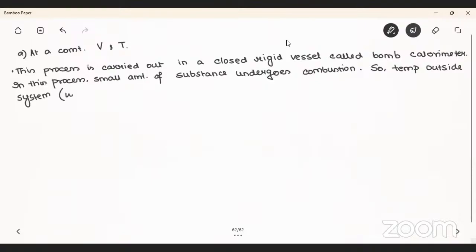The system is the water plus calorimeter. Inside the system the temperature will be constant, but the temperature outside this combination will change. And if the temperature changes, heat exchange will occur, therefore heat exchange will occur at constant volume.